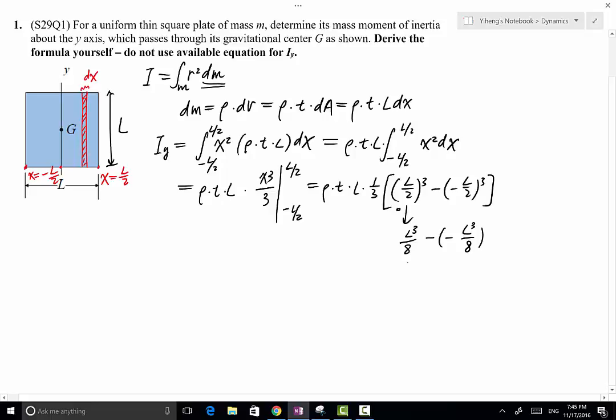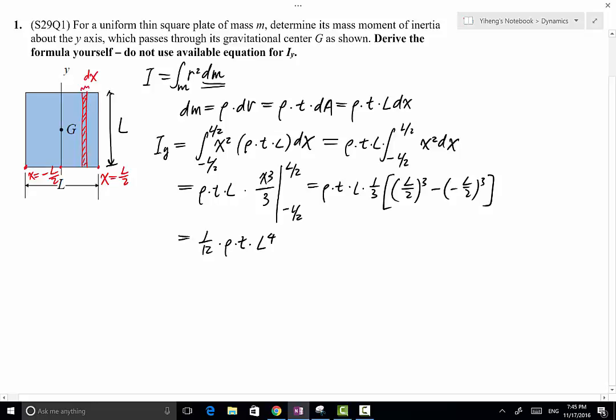Together that is 1/8 plus 1/8, therefore that's 1/4. 1/4 multiplied by 1/3 is 1/12. Here we have 1 L, here we have L to the third power. So together this becomes 1/12 times rho times t times L to the fourth power.